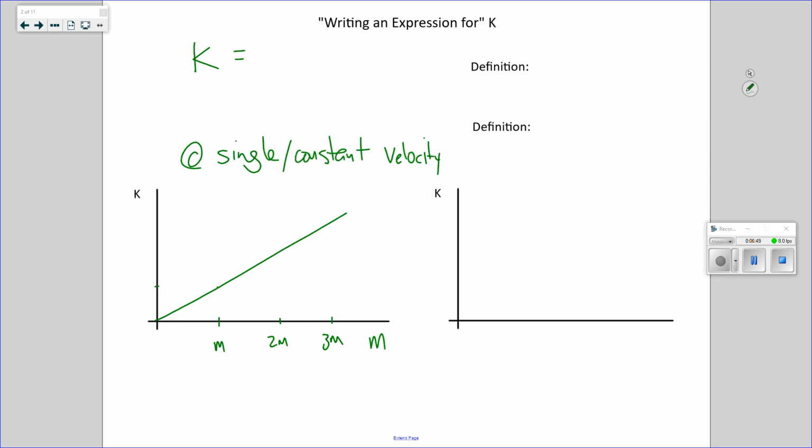So we get K, 2K, 3K. That's not great scaling, sure, but this says that kinetic energy is proportional to an object's mass.